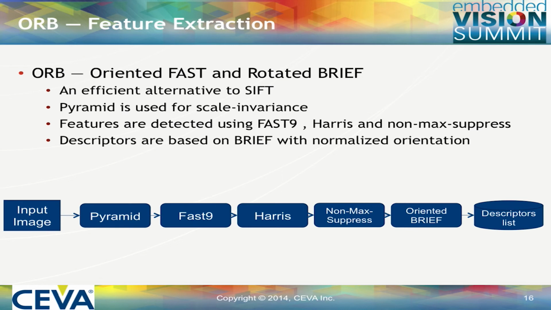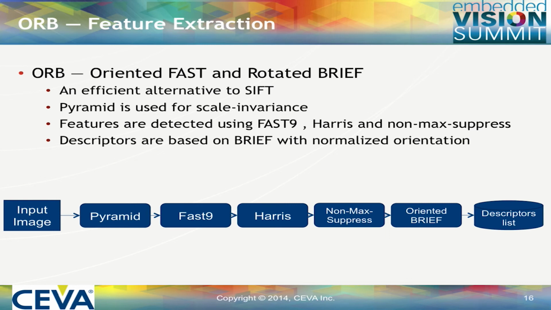Non-max suppression improves the quality of the detection points. And for the descriptor, it uses the oriented BRIEF, which is also a cool concept that gives you a very small, short descriptor that's easy to compare in the matching in the next stage.